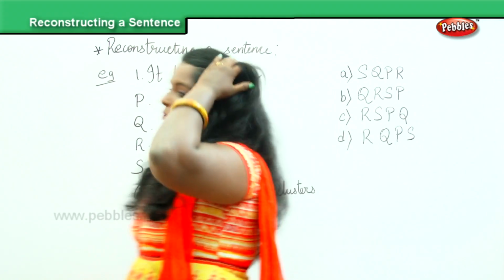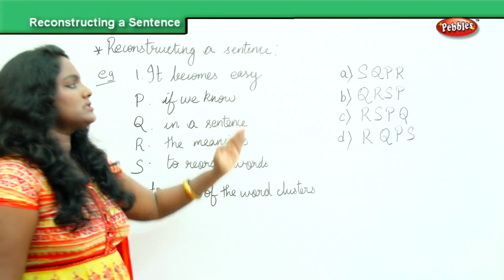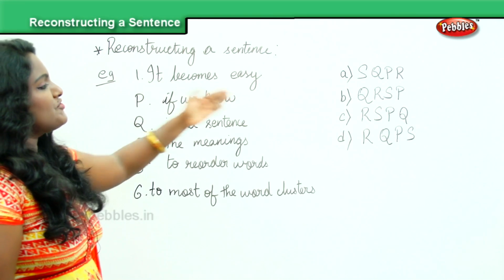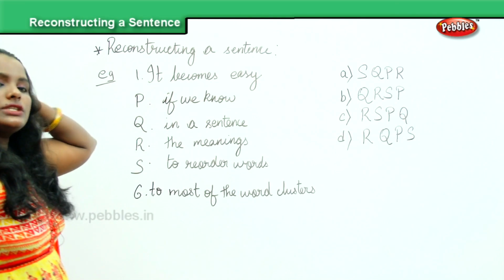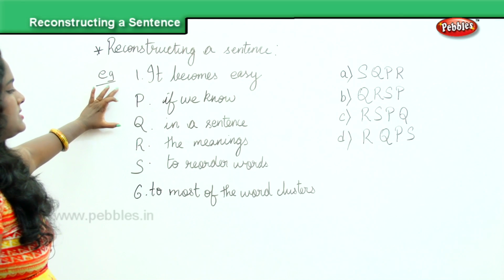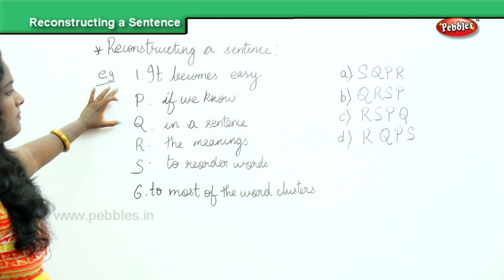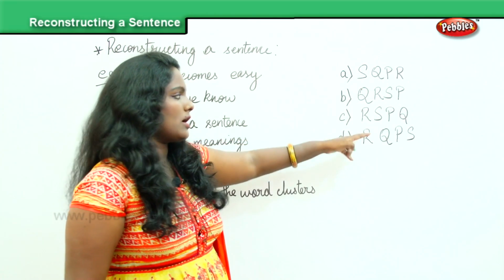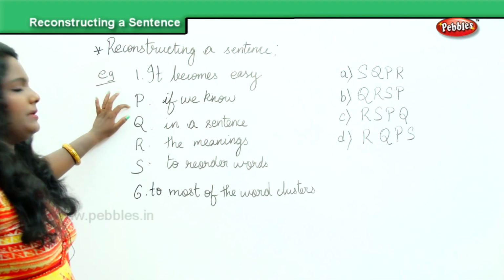Now that you have your tips in your hand as to how to go about reconstructing a sentence, try guessing the correct chronological order. It becomes easy. Check with the first sentences. It can either be S, Q or R, definitely not P, right?